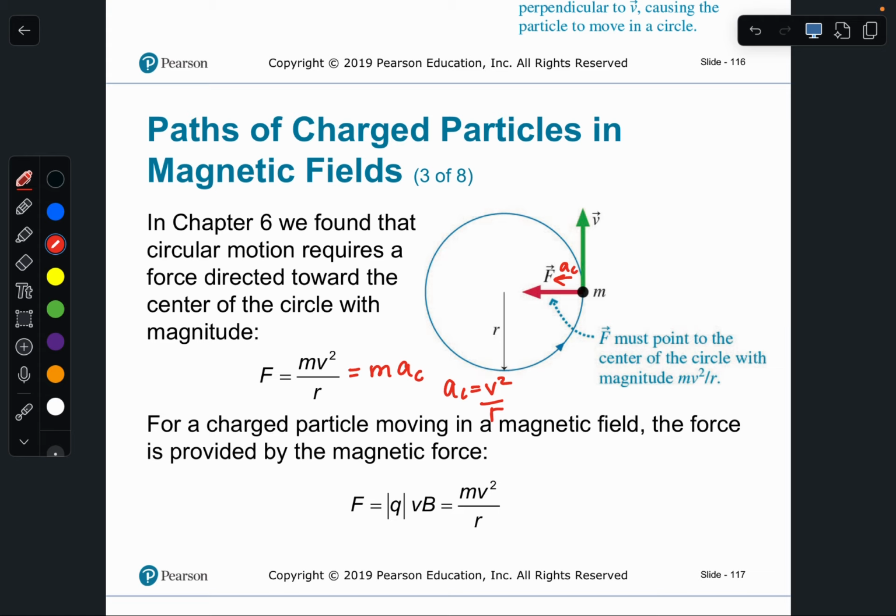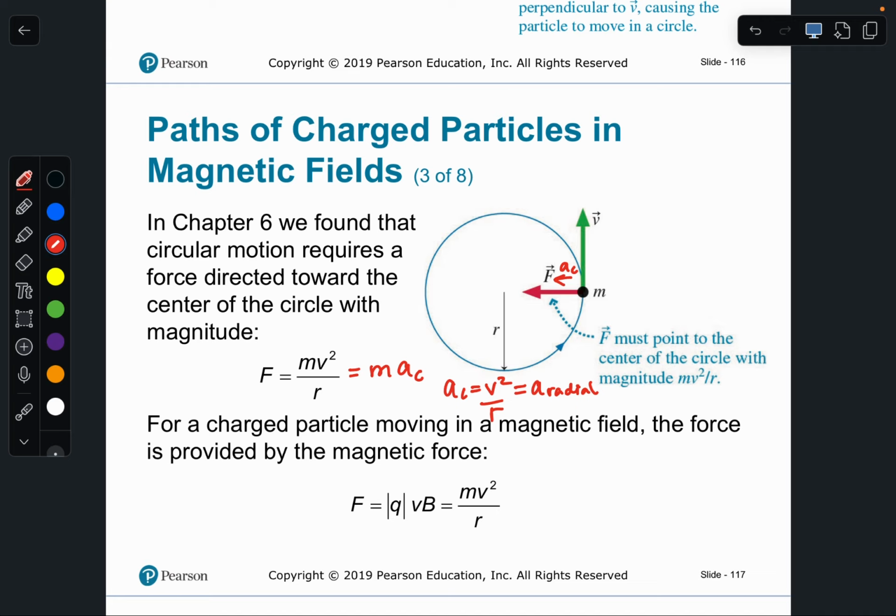Centripetal acceleration, or another word for it, radial acceleration, you might have seen it phrased like that, they mean the same thing. It points in the radial direction, which is perpendicular to the velocity. So that acceleration pointing in the radial direction is not going to change the speed of the particle moving in a circle, because it's perpendicular to that velocity.